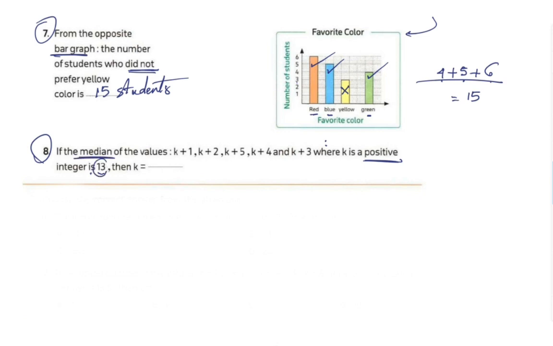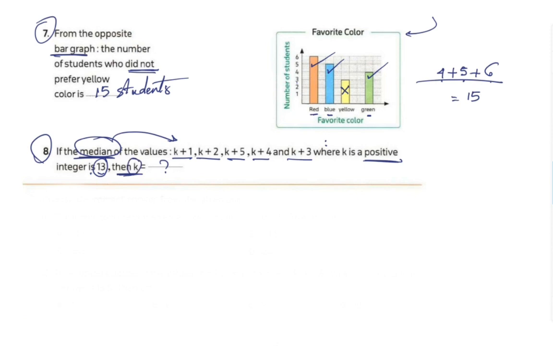So 13 is the median of these values. Okay, where is the question? The value of k equals what? To find the value of k, I have here 1, 2, 3, 4, 5 values. The median equals 13, okay, from this information, I will find k.